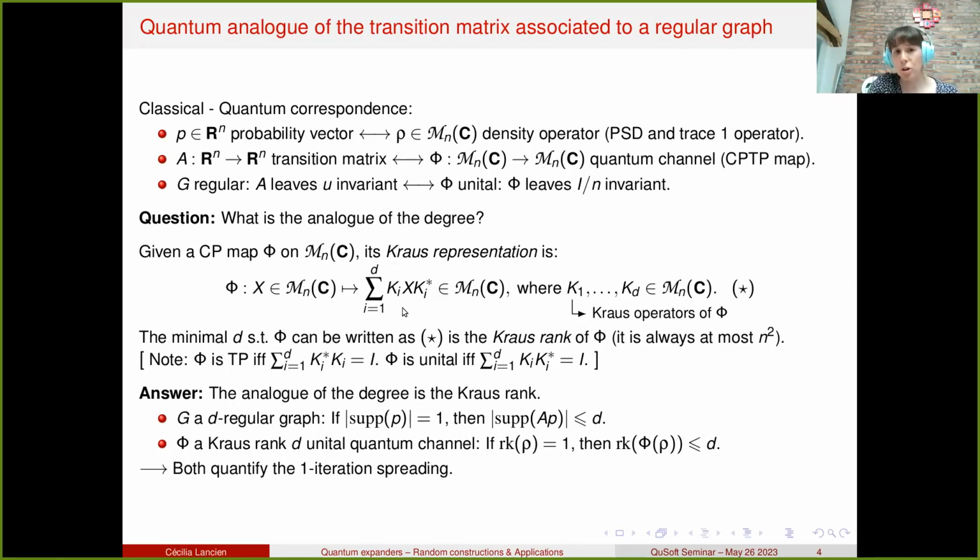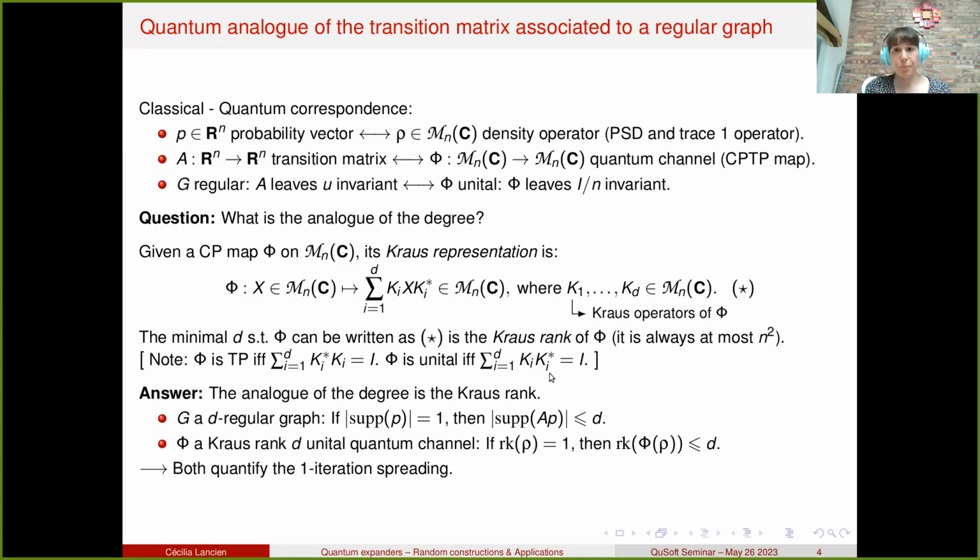On this expression, the way you see the condition that my CP map preserves the trace is by imposing that the sum over i of the Ki star Ki is equal to the identity. And the dual condition that my CP map phi is unital is given by the joint constraint that the sum over i of the Ki Ki star is equal to the identity.